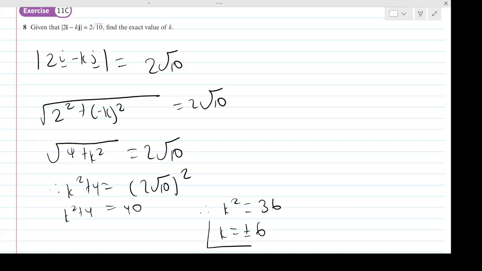It's plus or minus 6. Both of those are fine. And that's the whole idea, right? We just calculate the magnitude as normal, even if we have some unknown letters, like k. We do the same process, and that's how we do it. Hopefully you can understand that. That is a common exam question or strategy.